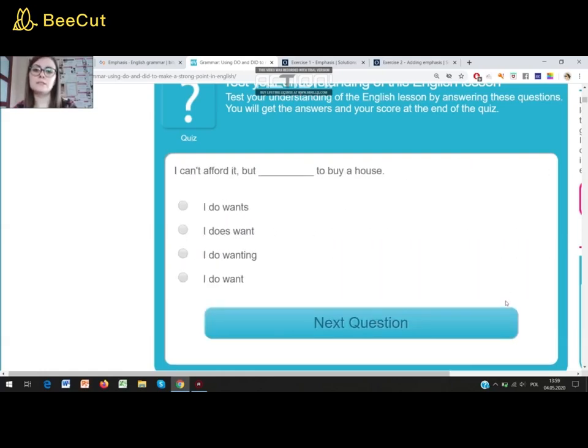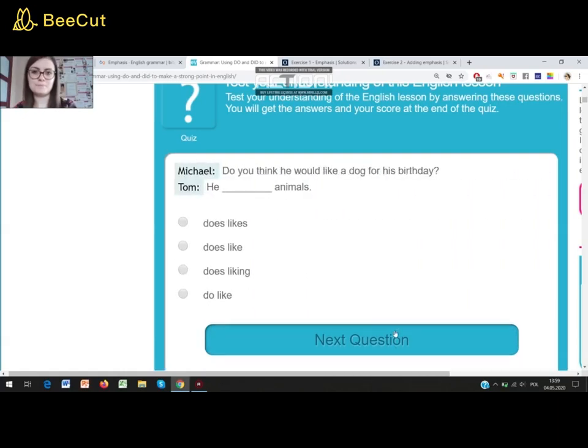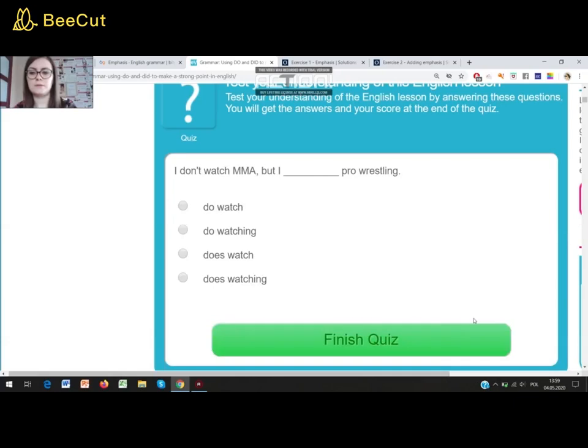I can't afford it, but I do want to buy a house. Yeah, but I really want it, but I can't afford it. Do you think he would like a dog for his birthday? He does like animals. Another one with our preferences. I don't watch MMA, but I do watch pro wrestling.